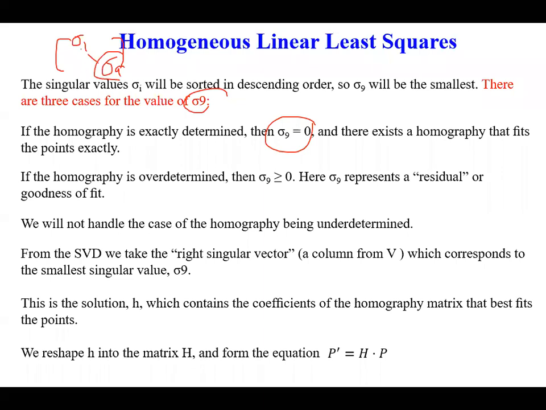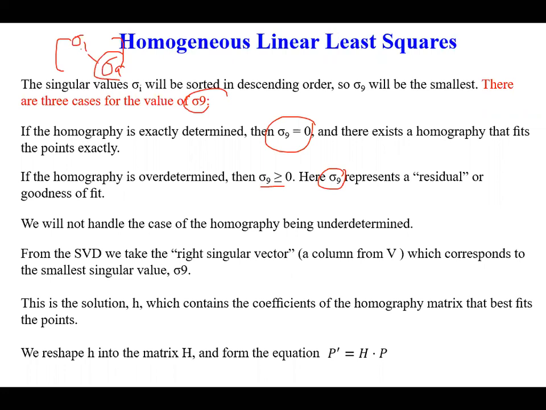But in the real situation, sigma 9 will not be equal to 0, because I will have some noise. So I would go with the smallest one. So sigma 9 will not be 0, but it will be perturbed a little bit, and in this case, it will be a little bit greater than 0. And I will take the eigenvector corresponding to this sigma 9.